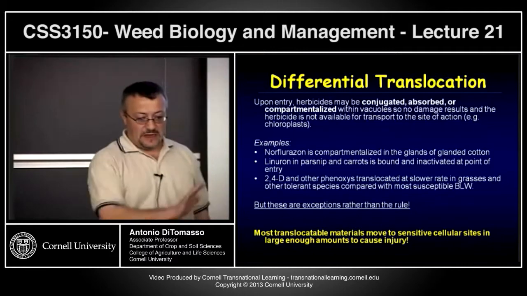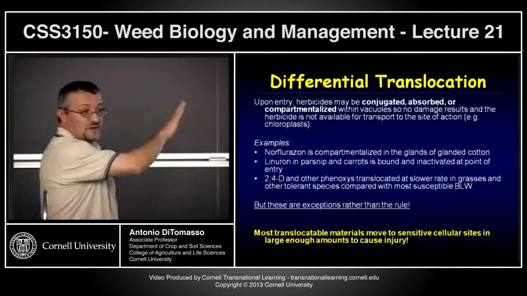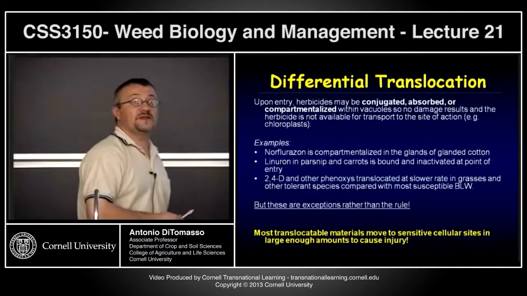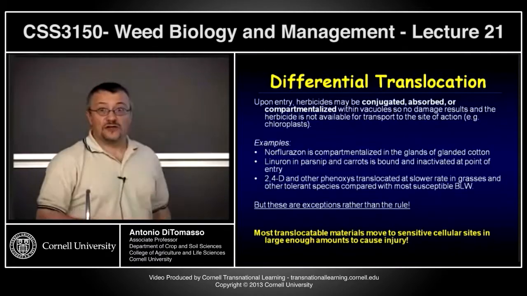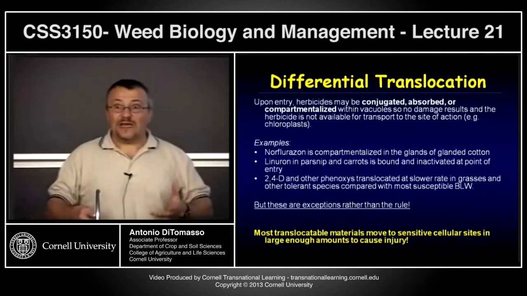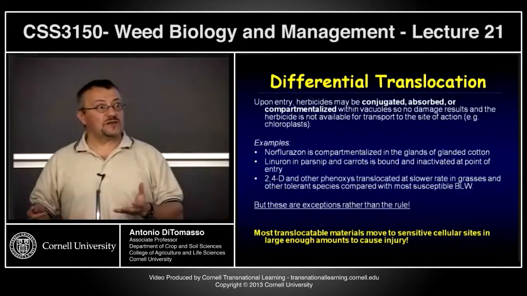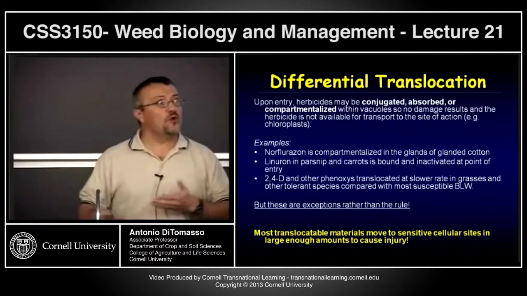Okay, and I'll just finish with this slide since I've seen Stephanie is going to be here. Translocation. Could it be that we have selectivity differences because certain herbicides are translocated more easily in the plant?